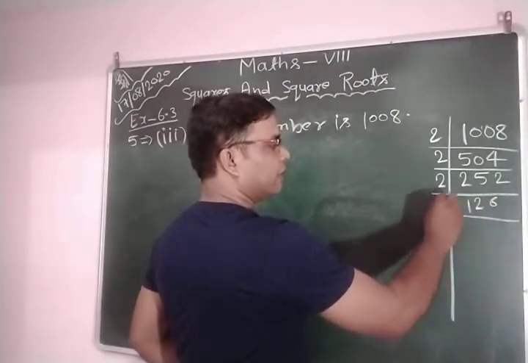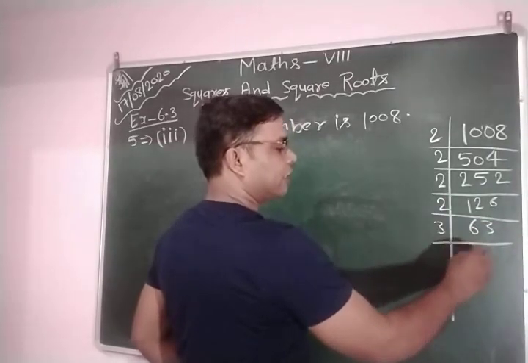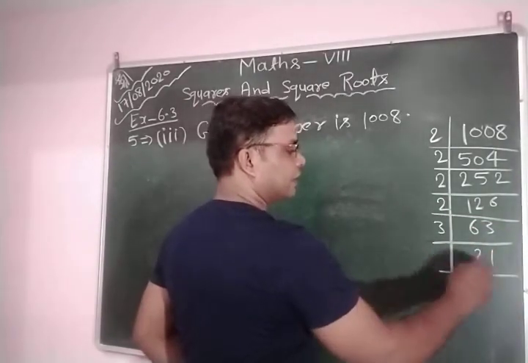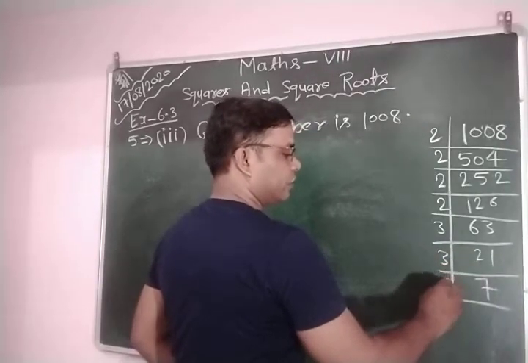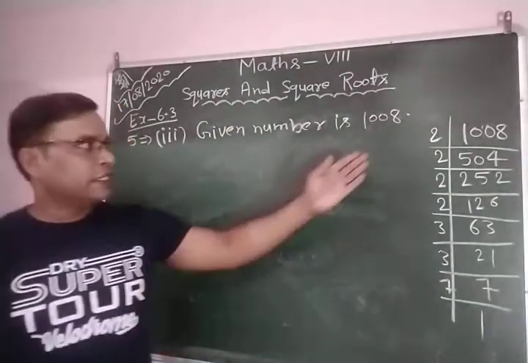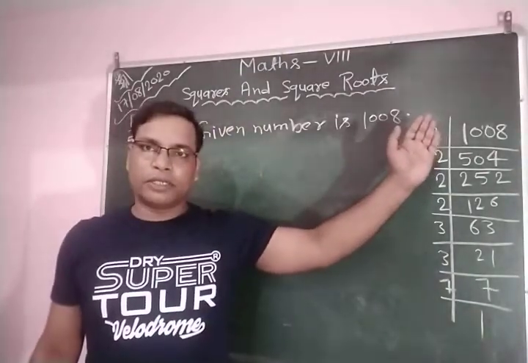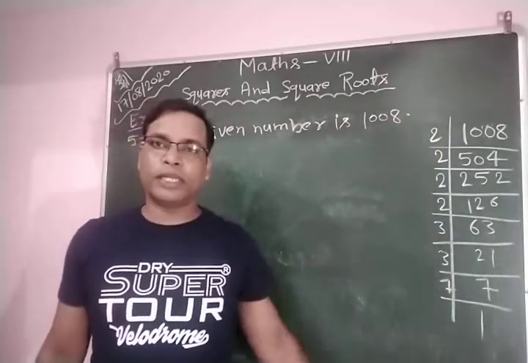If you divide it by 2, you obtain 63. Again this number is divided by 3, and again by 3, and we obtain 7. So you can see here the prime factorization of 1008 is 2 to the power 4 times 3 squared times 7.